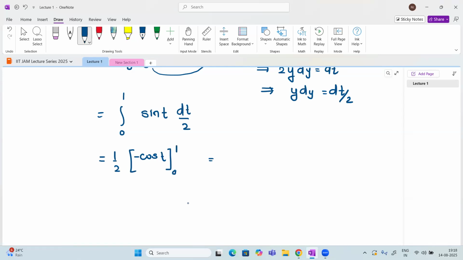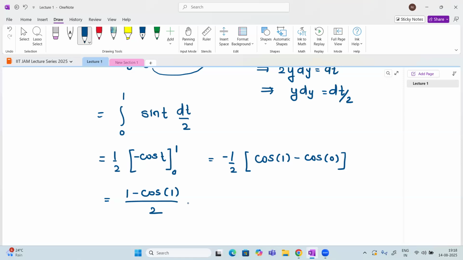I'm taking minus sign outside. So minus half. Put the upper and lower limits: cos 1 minus cos 0. What is value of cos 0? 1. There is a minus sign outside, so I will interchange them. So 1 minus cos 1 divided by 2. So this is the required answer.